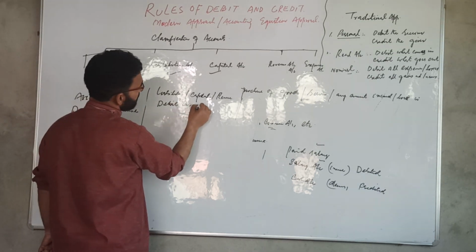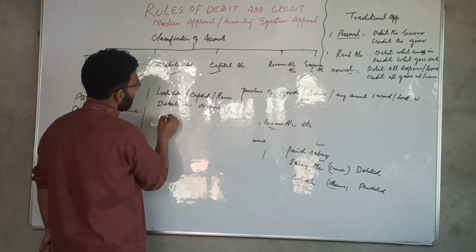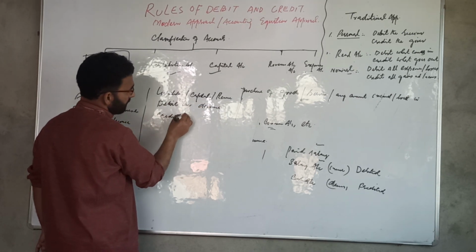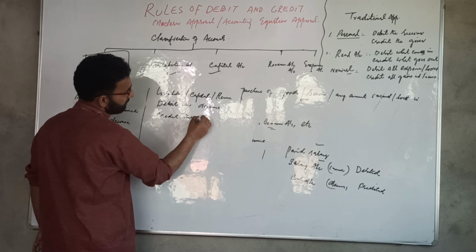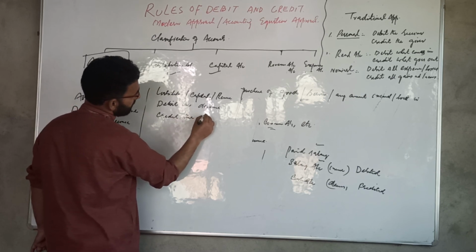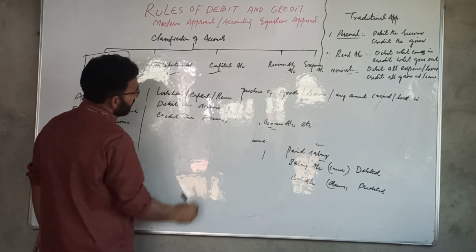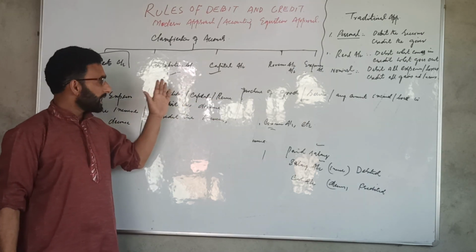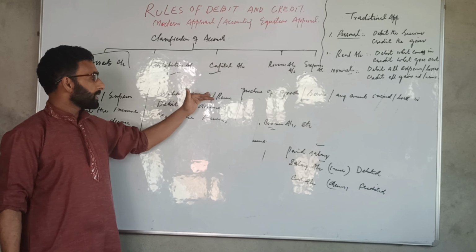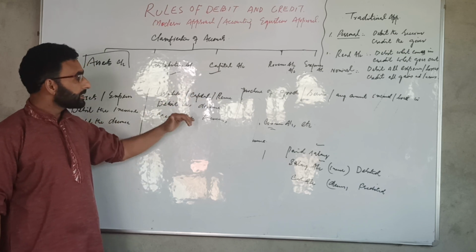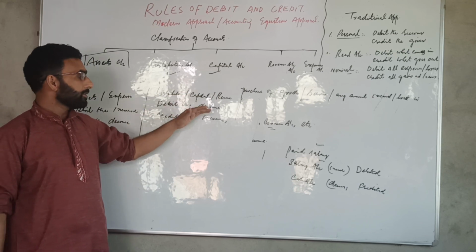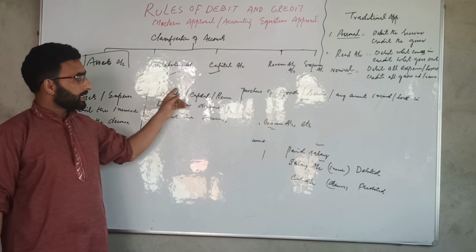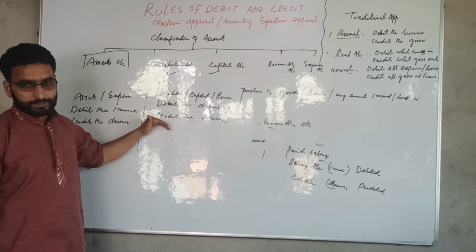Debit the decrease, credit the increase. When there is any decrease in liabilities, capital and revenue, the liabilities account, capital account, and revenue account are debited. When there is any increase in liabilities, capital and revenue, at that time the liabilities account, capital account, and revenue account are credited.